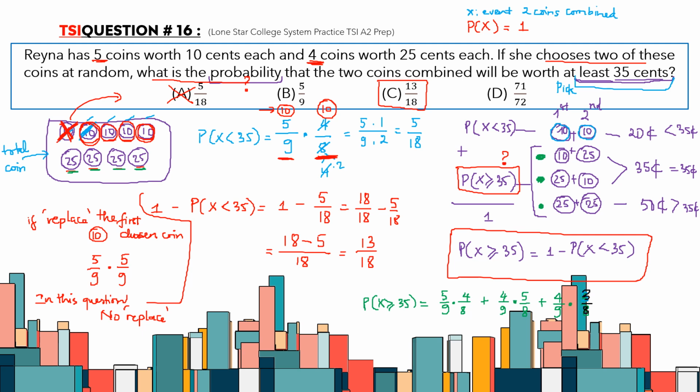Out of 8. Okay, so now we can calculate this. We have 5 times 4 is 20, adding 20, adding 12, over 9 times 8. That is 52 over 9 times 8.